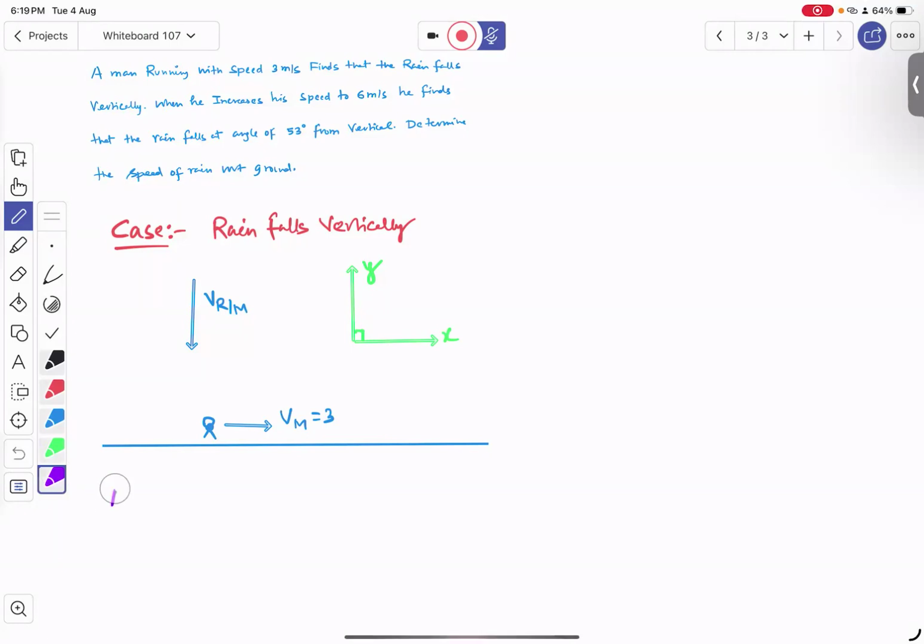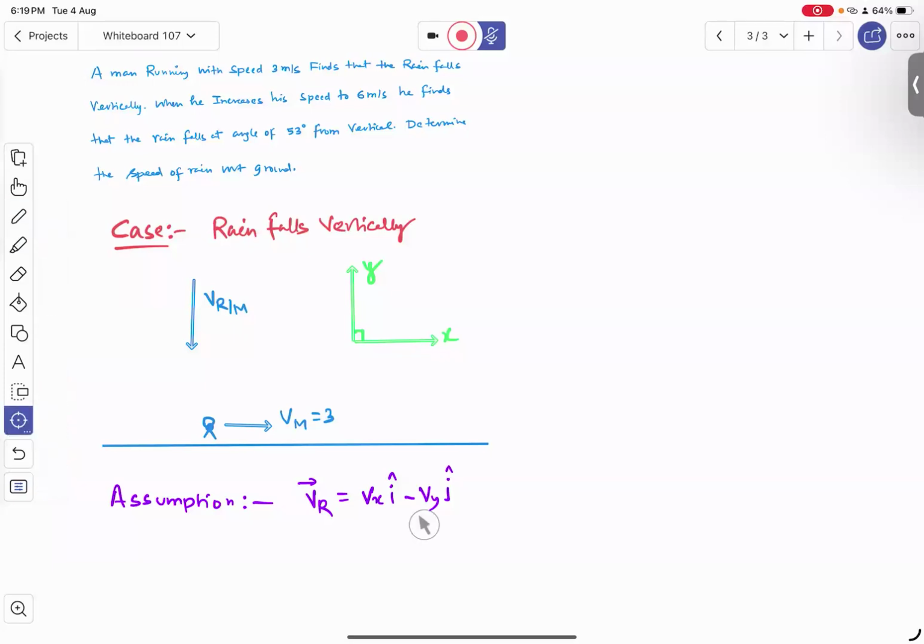So our assumption is that the VR vector has x component Vx and y component minus Vy. You can assume plus Vy also, then the answer for Vy will come negative. Here I have assumed minus Vy, and if the y component is negative, then the Vy value will come positive.